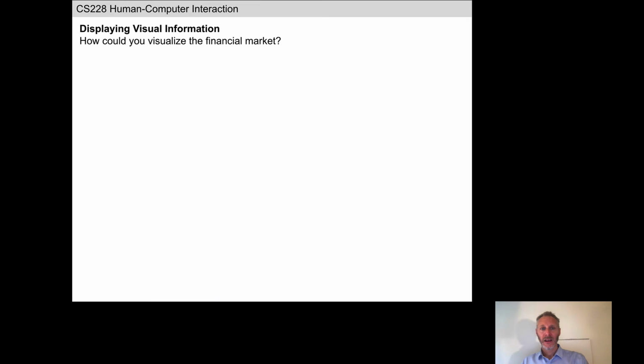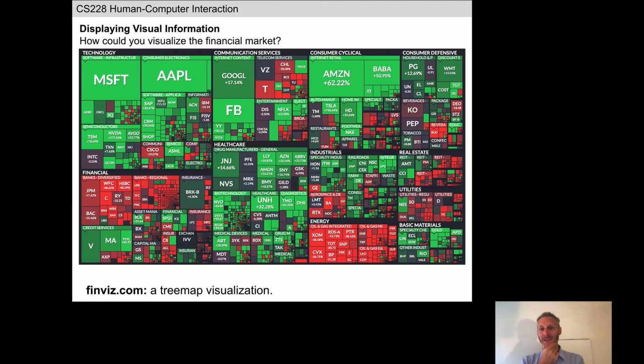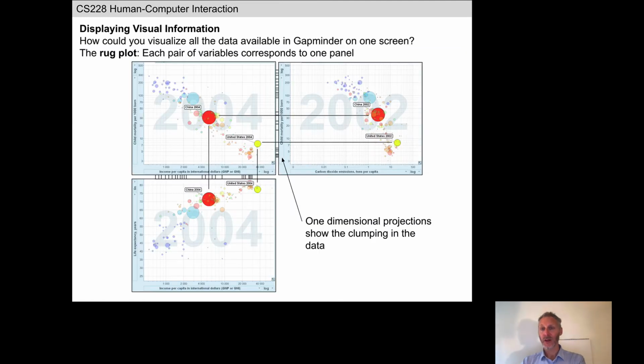Okay. Let's think about a different activity, trying to look for patterns in the global financial market, and a different kind of visualization designed to help with seeing patterns in a hierarchical data set. So unlike Gapminder, health and wealth of countries, countries are relatively flat.